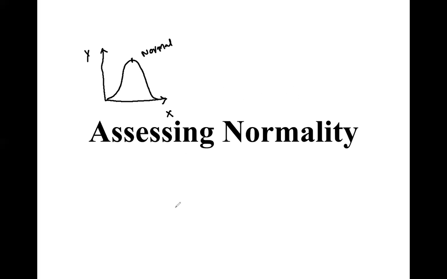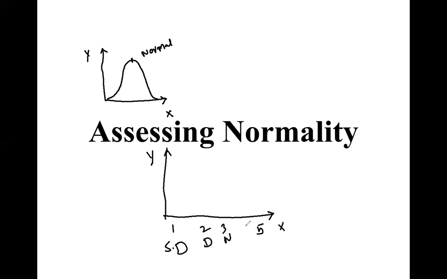For example, your questions are on a 5-point Likert scale, a 1 to 5 scale. 1 means strongly disagree, 2 means disagree, 3 means neutral, 4 means agree, and 5 means strongly agree.